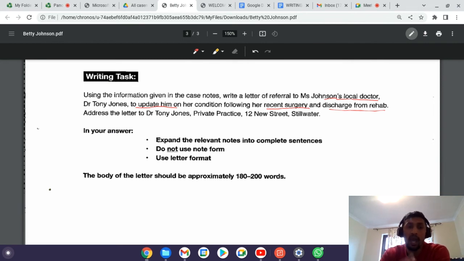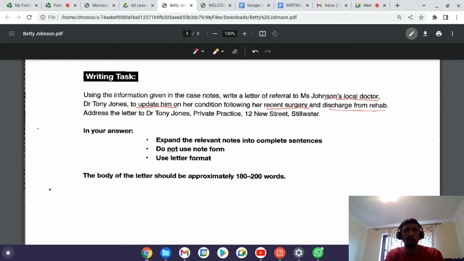So as soon as you get the case note in your exam, the case note is just representing a patient's condition. You are going to write a letter, maybe a referral letter, maybe a transfer letter, some kind of letter, in a semi-formal format. You're going to write from your side to another person, maybe a doctor, a social worker, a layperson, or a community nurse.